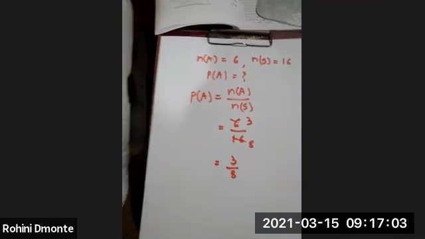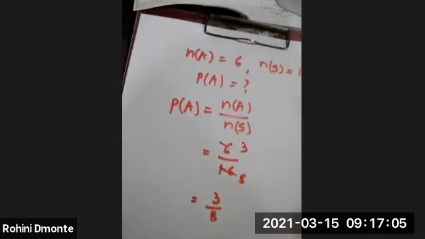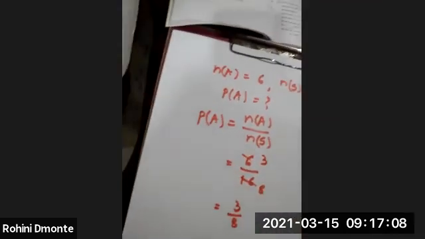Okay, students. Now let us move to question number 2A. Question number 2 is an activity based question. Complete and write any two activities from the following.